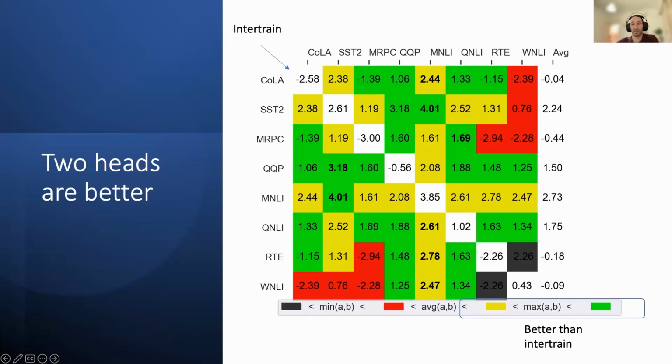If it's green or yellow, then fusing two models was better than just picking at random one of the two fine-tuned models. If it's black or red, then you are better off taking just one of the fine-tuned models. And in general, I think you would agree that picking the average of two models is better than picking just one of the models.